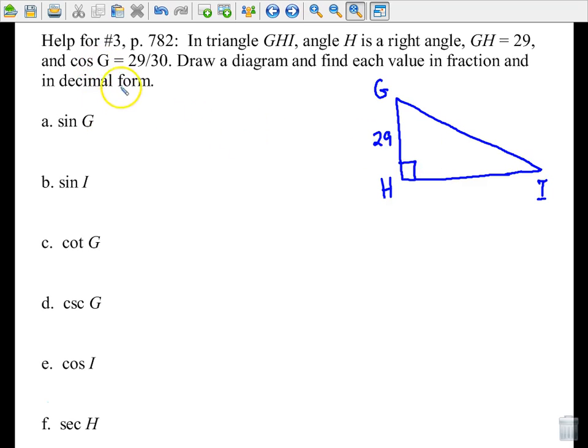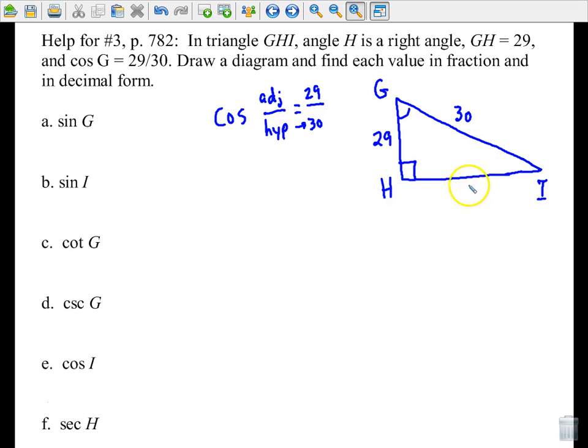And we're also told that cosine G, okay, here's G, is the ratio 29 over 30. Well, again, remember cosine is adjacent over hypotenuse. Well, the adjacent side was given to us, and by giving us this ratio, they're basically telling us that the hypotenuse measures 30.